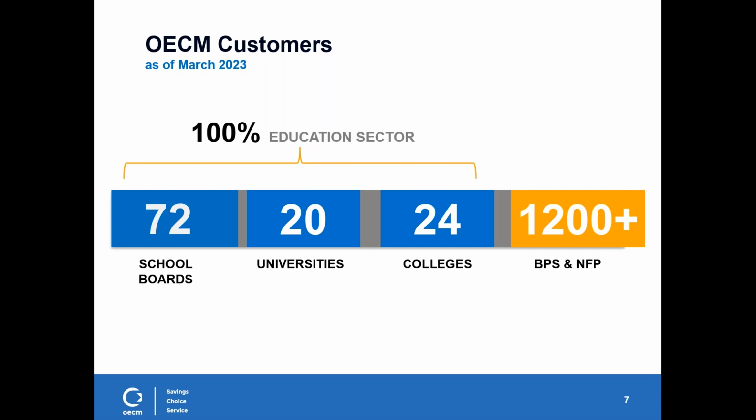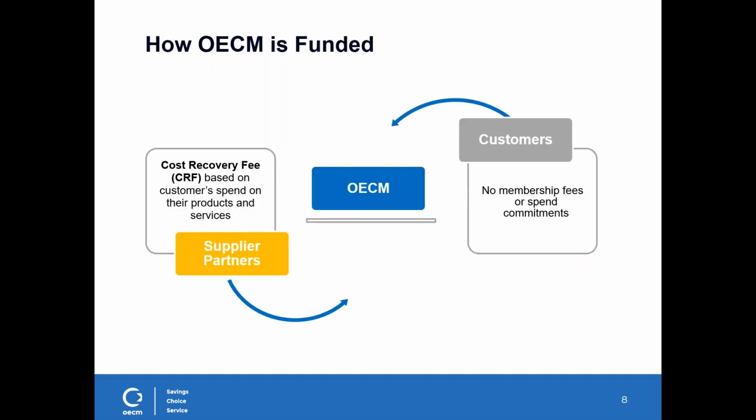We also have healthcare organizations, OPS, so Ontario public sector entities, as well as other not-for-profit organizations leveraging OECM. We continue to grow, and it is really a demonstration of the success of OECM and our business model.